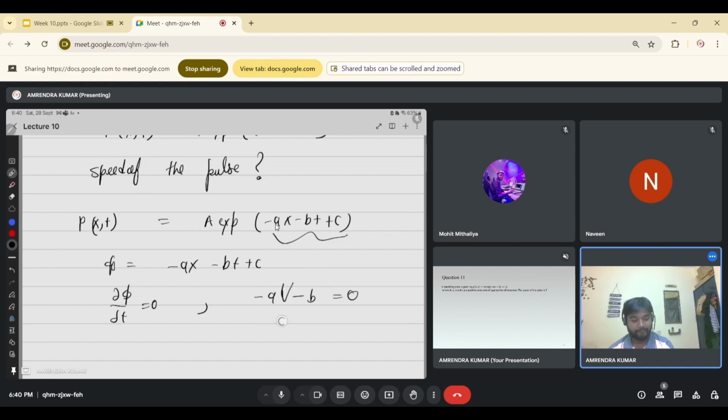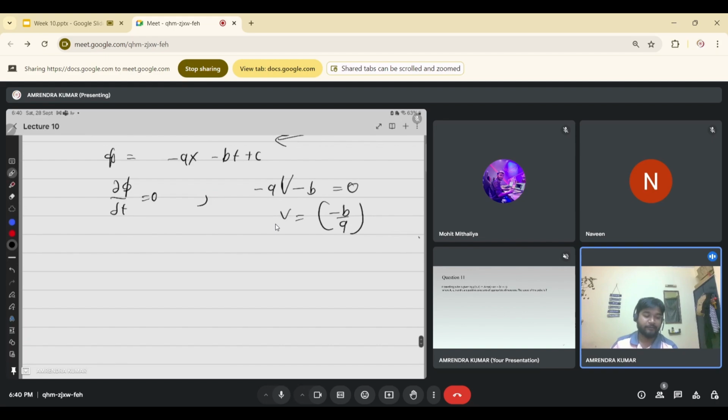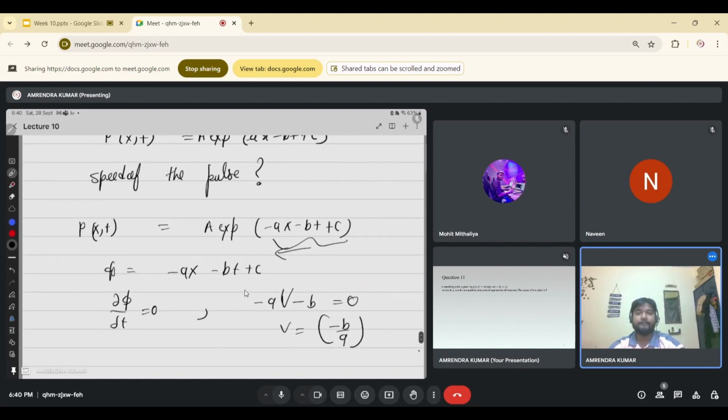So v will be minus b by a. That means it is traveling along the minus x direction. That's why the velocity is negative. I hope I have made it clear how you can calculate the velocity. It is simple: the phase should remain constant, and from there we can derive all this.